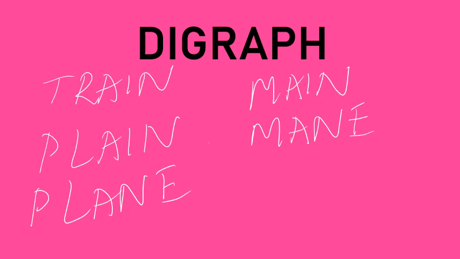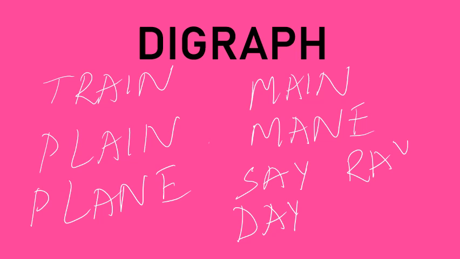So when we have to teach this concept to children, how we should teach, we should give them such examples in surplus. Say, day, ray, may. Always start with the examples.